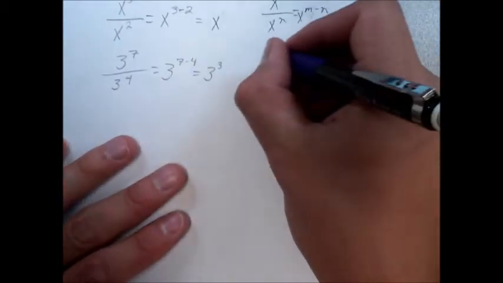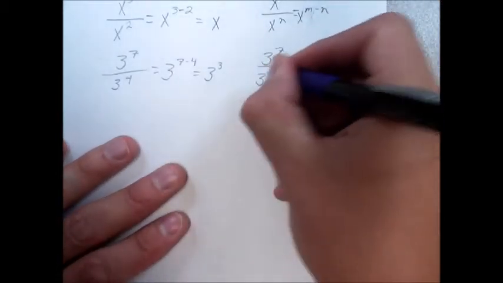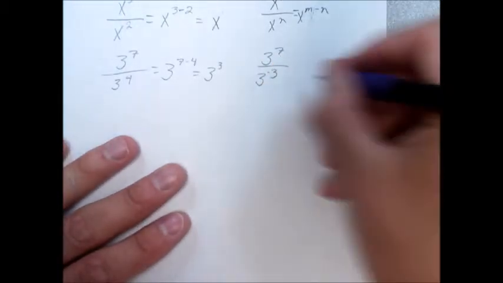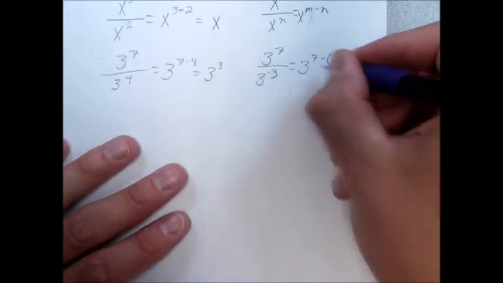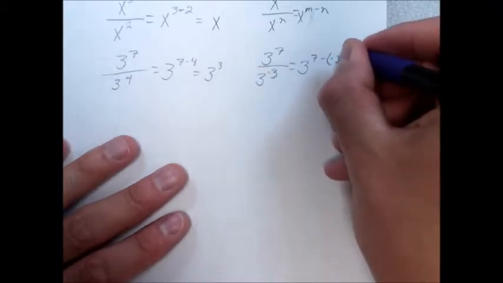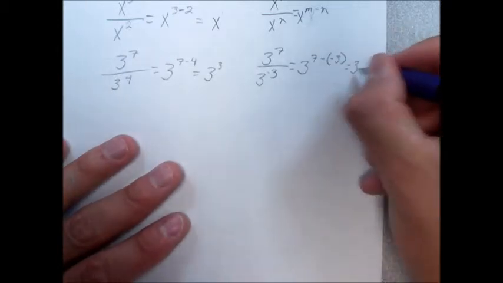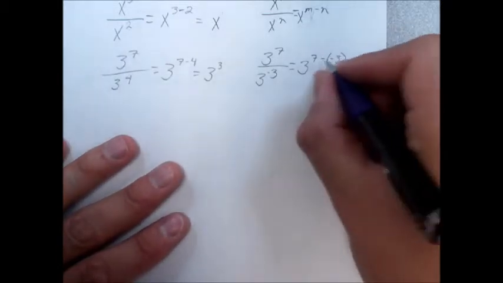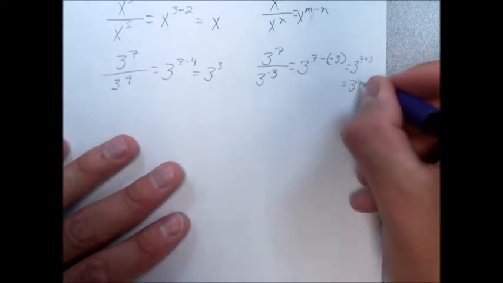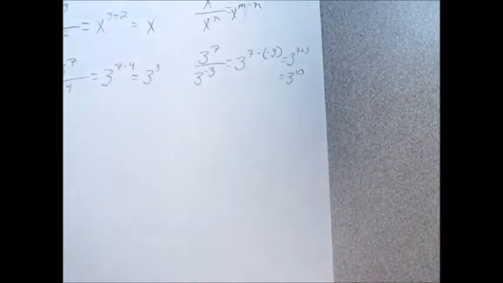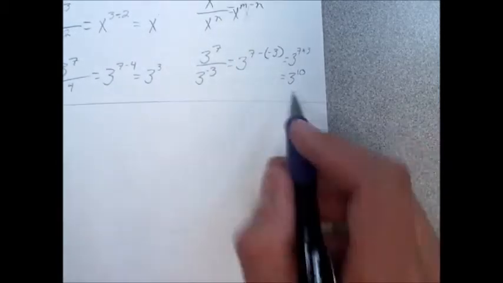So if I had 3 to the 7th over 3 to the negative 3rd, I'm still subtracting them, but I have 3 to the 7th minus a negative 3, right? So this becomes 3 to the 7th plus 3, because a negative and a negative make a positive. So it becomes 3 to the 10th, which is some huge number. I don't know what it is off the top of my head. We could type it in our calculator and find out, but that's not what's important.